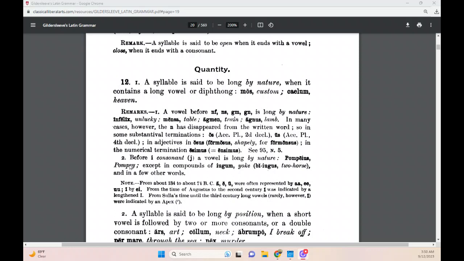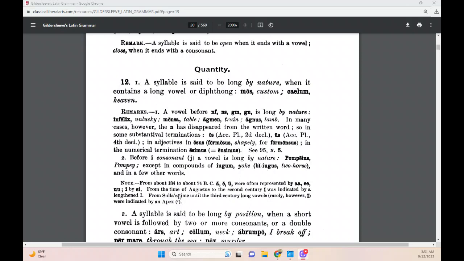All right, so just another remark here about some vowels that will be long by nature because of their relation to the other parts of the word or the syllable that they're in. A vowel before these consonant pairs is considered long by nature, and a vowel before a consonantal E is also considered long by nature, and therefore its syllable will be considered long according to this general rule.